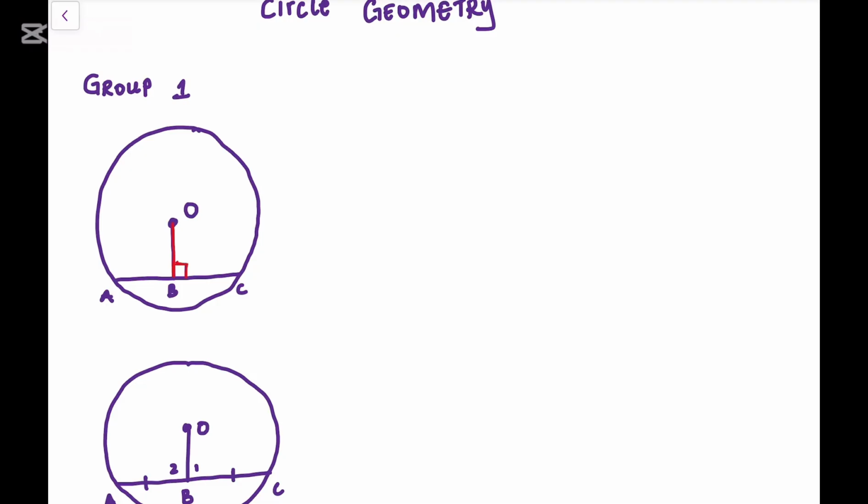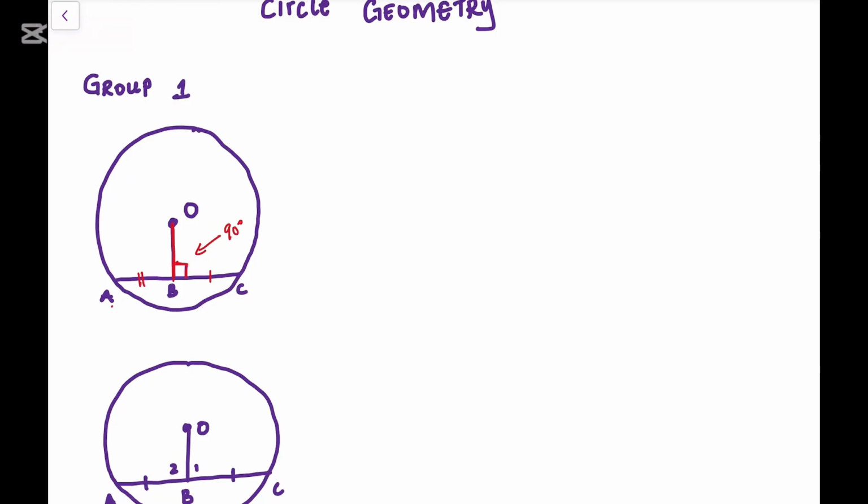That line will bisect the chord. Remember, bisect means divide into 2 equal halves. So the minute you see this line coming from the center and making an angle equal to 90 degrees with the chord, you already know that AB is equal to BC.